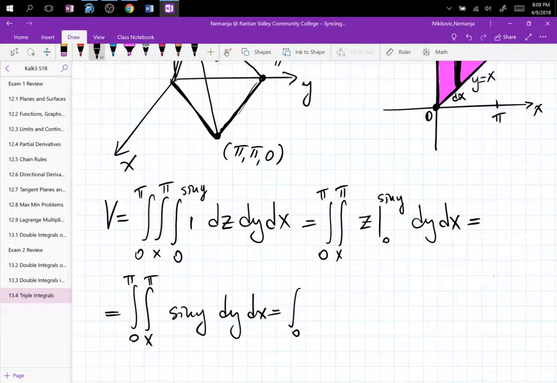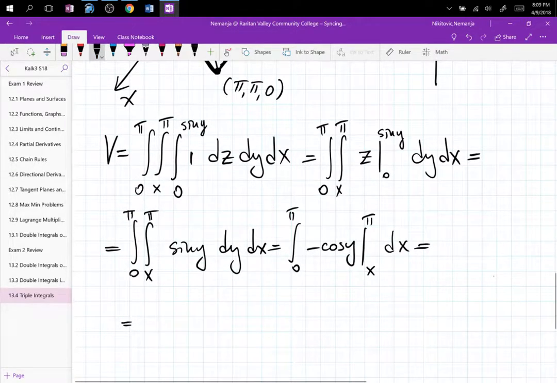The outer integral 0 to pi. The integral of sine is negative cosine y, computed from x to pi, and we still have dx. 0 to pi, we kick the negative in front. I'm going to put negative 1 over here so it looks a little bit better.